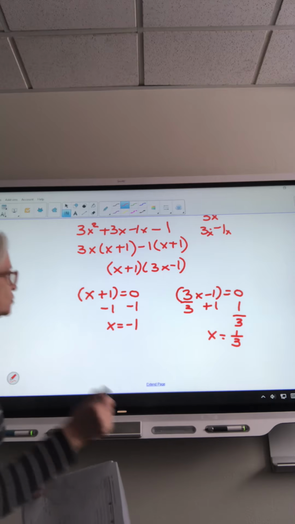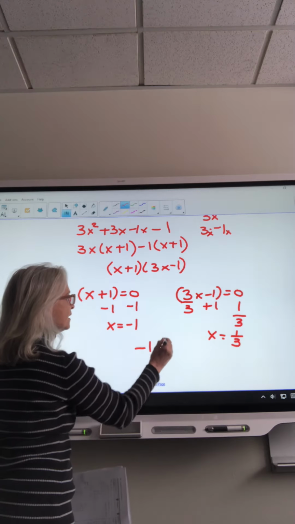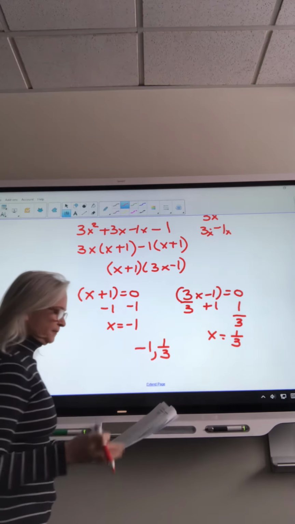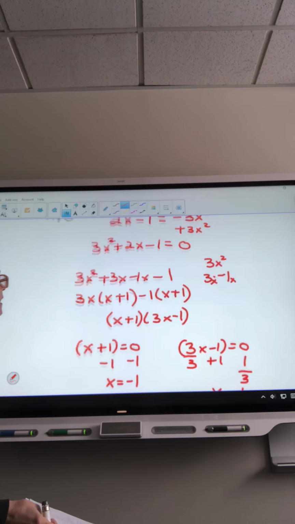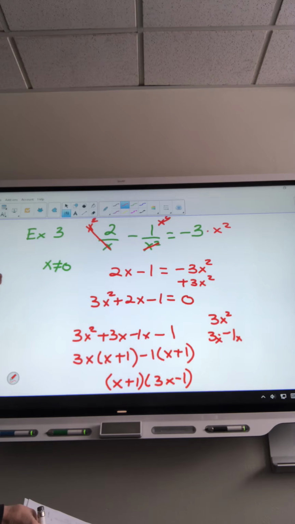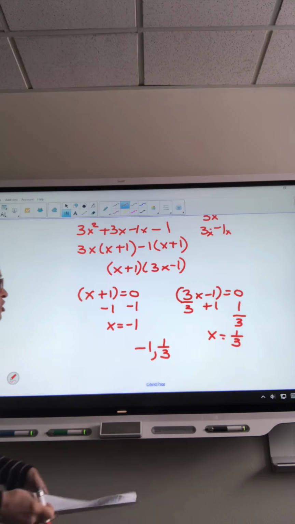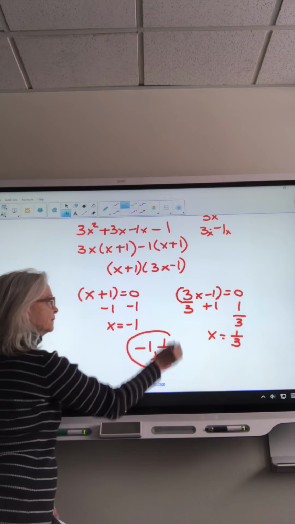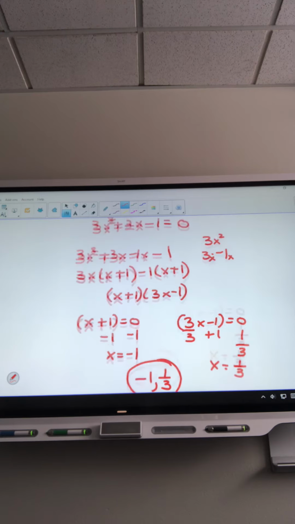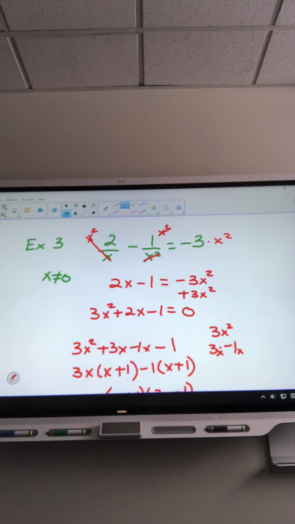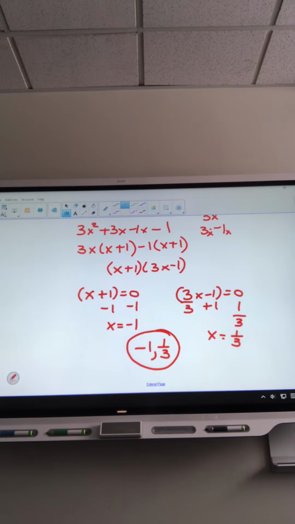So our two solutions then would be a -1 and 1/3. If we look back, x could not equal 0, so we're good, and our solution checks. Again, that was number 3 in your packet. I accidentally skipped over it.